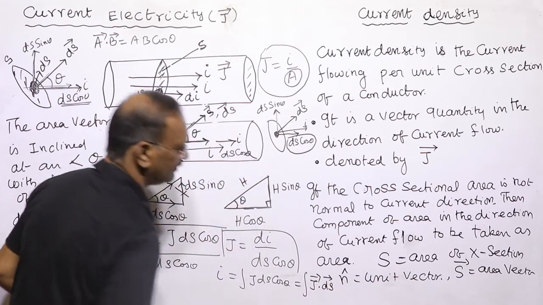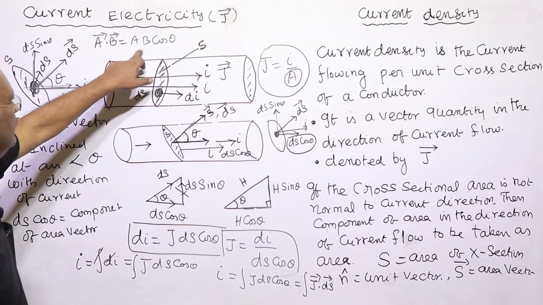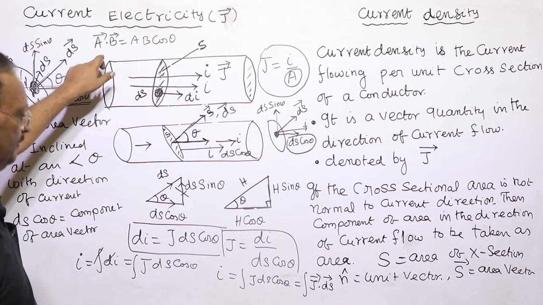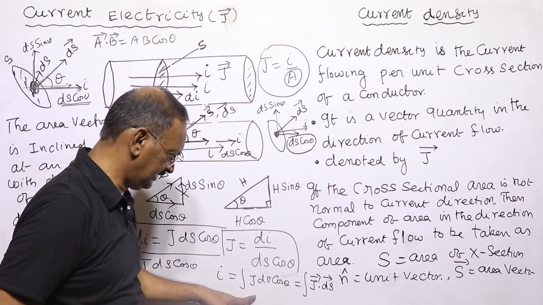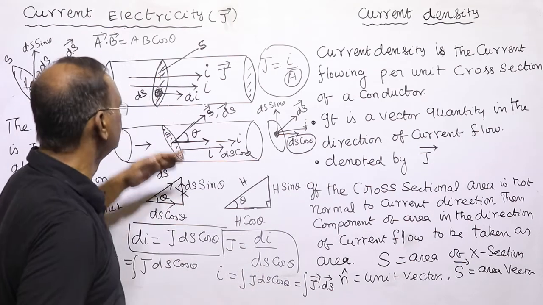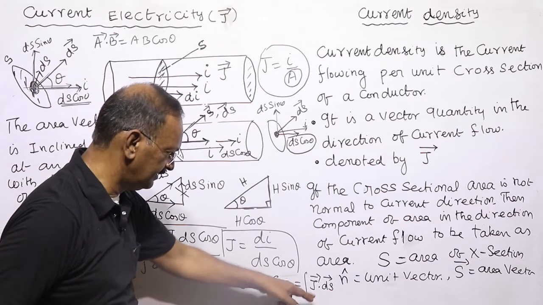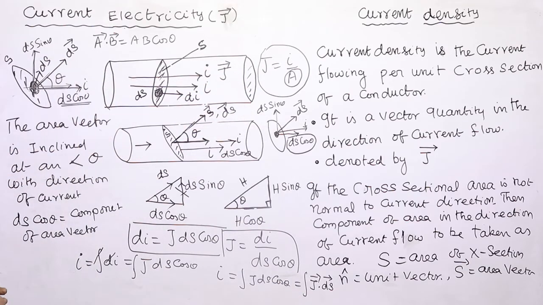Just as we write a dot b, same way J is a vector, ds is a vector, J in this direction, ds in this direction, and J ds cos theta means we can write J dot ds. So I is equal to the integral of J vector dot ds vector.